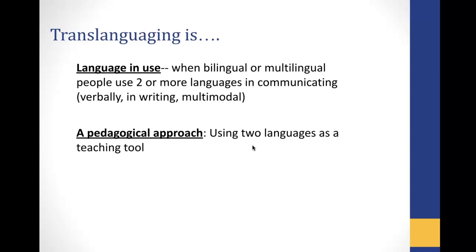That could be verbally, in writing, or in multimodal texts, such as graphic novels, or, like I was just mentioning, texting. We can also, as teachers, think about translanguaging as a pedagogical approach, where we specifically think about how we are going to use more than one language in our teaching to improve our students' learning in our classrooms.